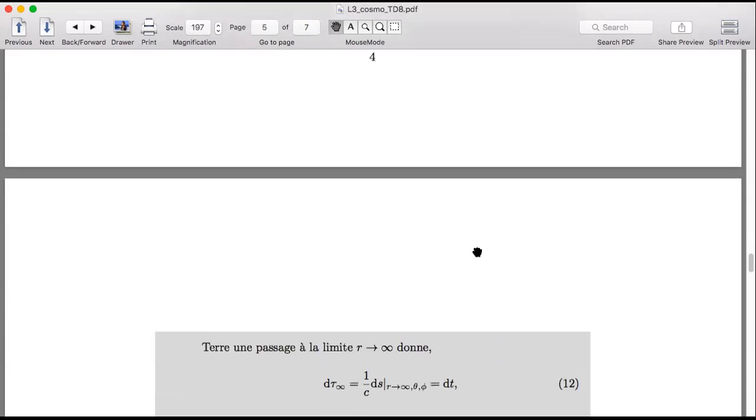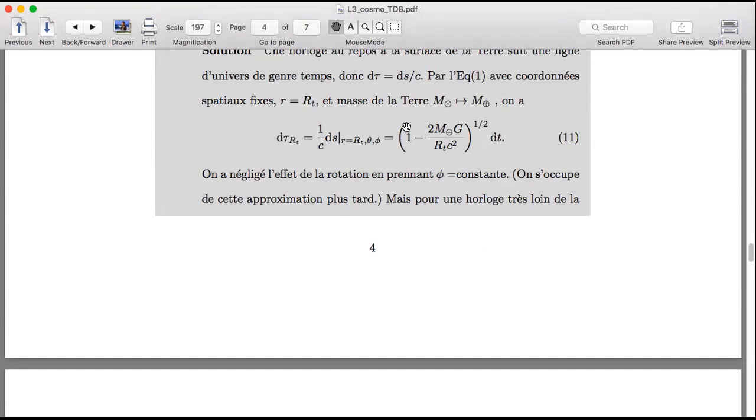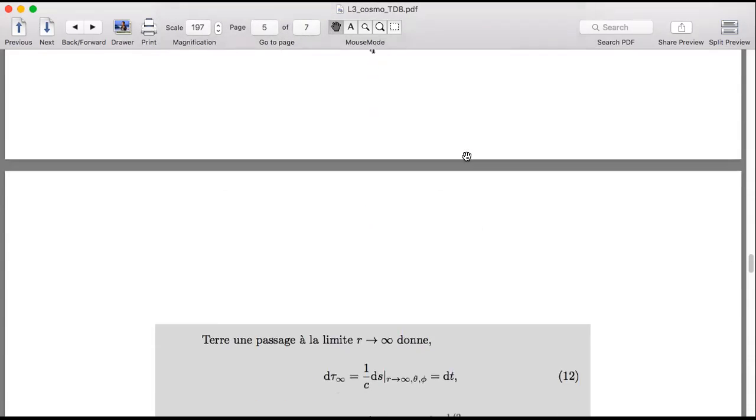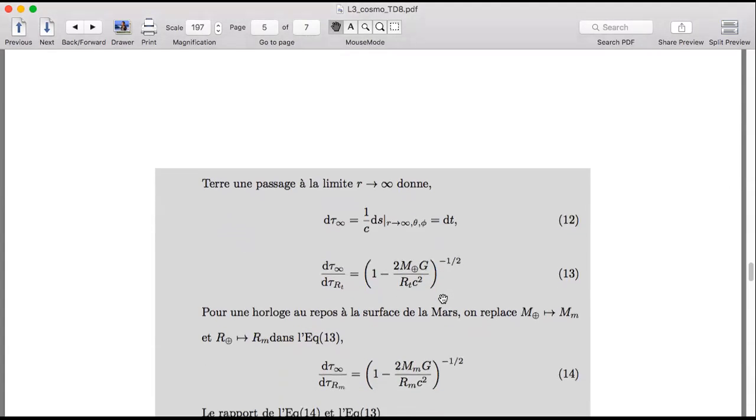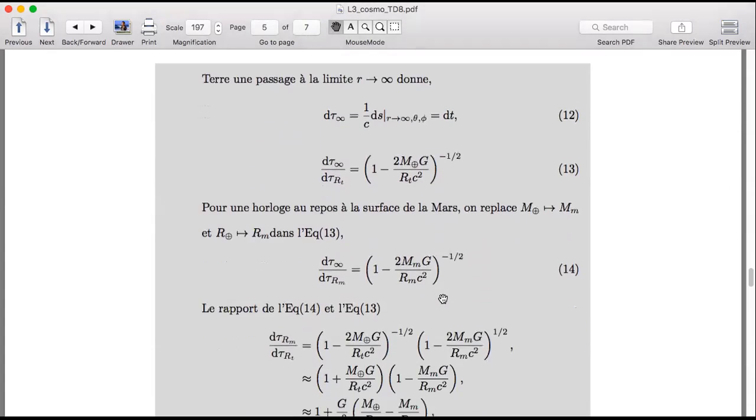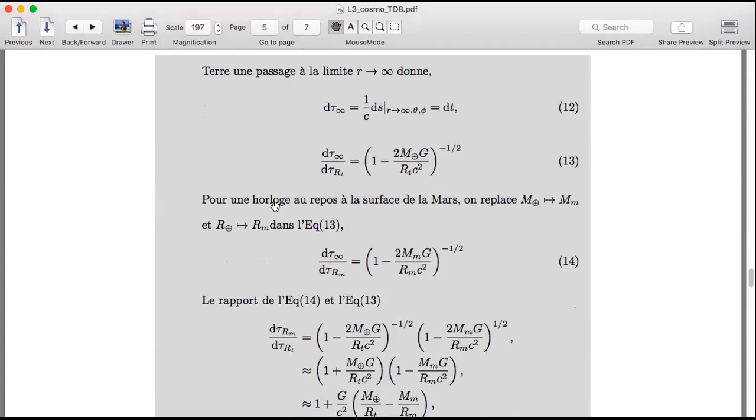It's the same coordinate time interval, and I just have this term, and that term was in the denominator, so I just put a minus sign here, and now I've done the hard work. I can just do the same thing, replacing these parameters for Earth with the Mars parameters, and we'll have the corresponding relationship for Mars.